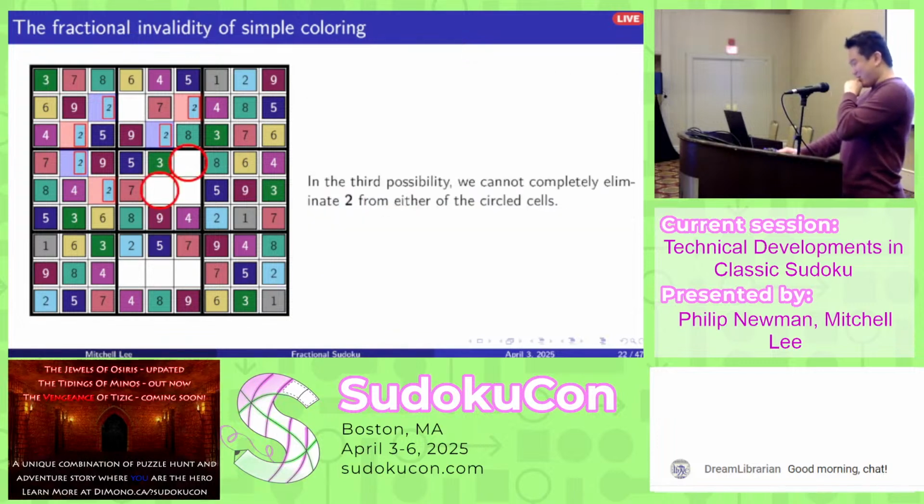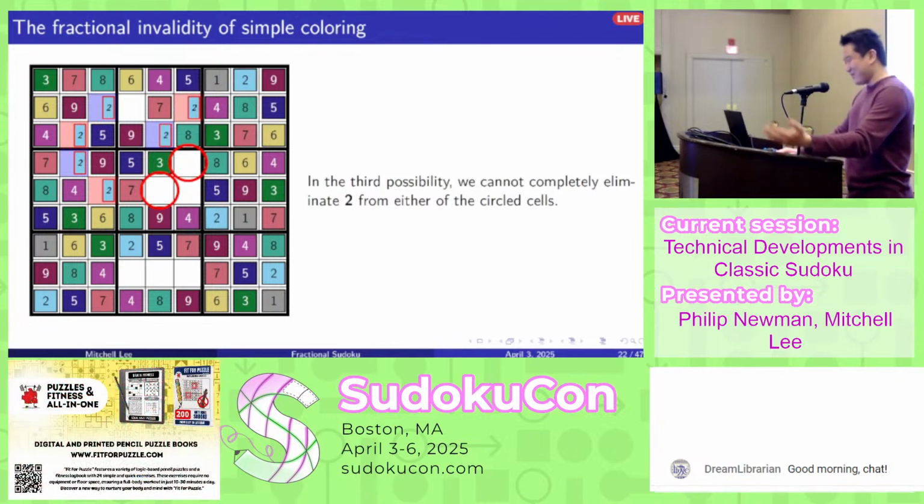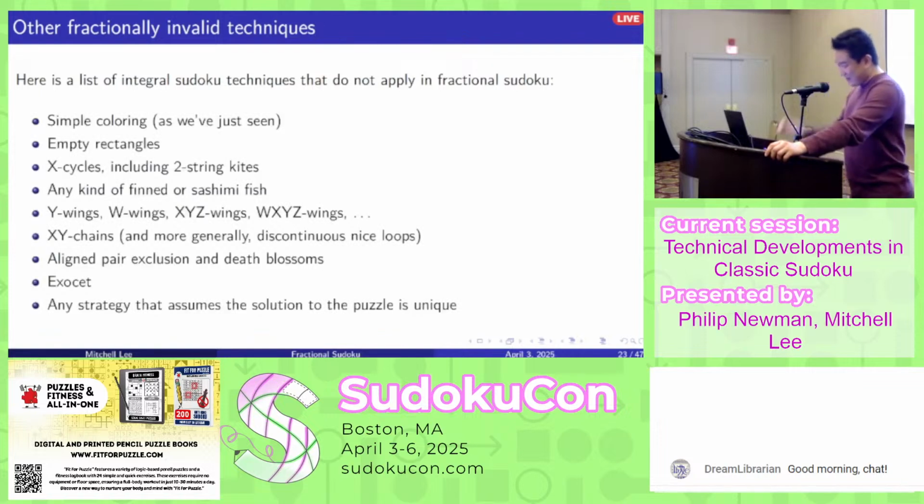And in this third case, you're not able to eliminate 2 from either of the circled cells. And by eliminate, I mean completely eliminate. You're not allowed to eliminate the possibility that there's a part of a 2 in these circled cells. So that's why the logic that we use to solve the integral Sudoku doesn't work on the fractional Sudoku here. And there are many other techniques that work in integral Sudoku but do not work in fractional Sudoku, and you can see the list here.